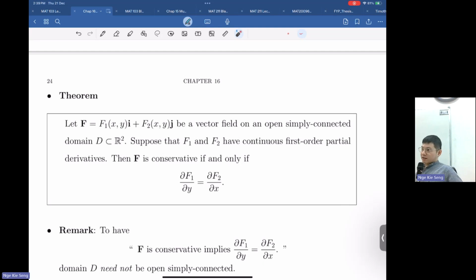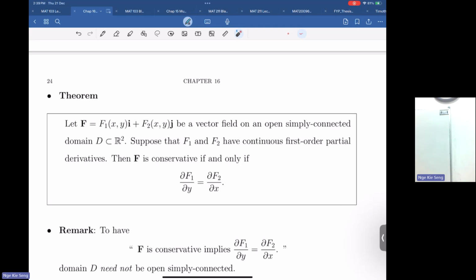And then simply connected, meaning any closed curve, you can shrink it to a point. And suppose that f1 and f2 have continuous first order partial derivatives, then F is conservative if and only if, okay, if and only if what? The partial of f1 with respect to y equals the partial of f2 with respect to x.